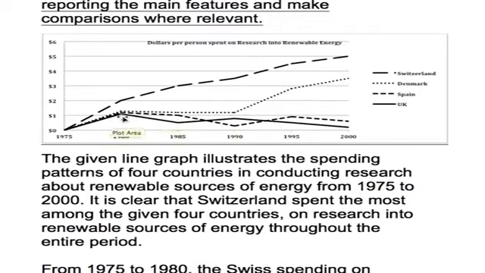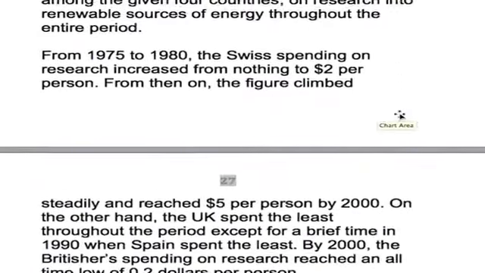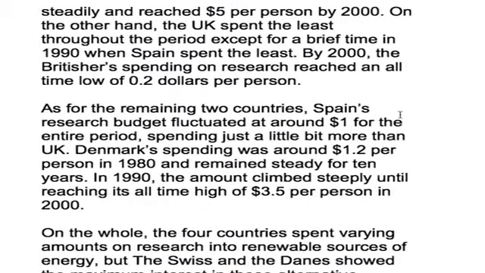See, this is a dashed line for Spain. They spent around $1. This is $1, and see, this dashed line has never gone above $1. So it is approximately $1 throughout the period, fluctuated at around $1 for the entire period, spending just a little bit more than UK.